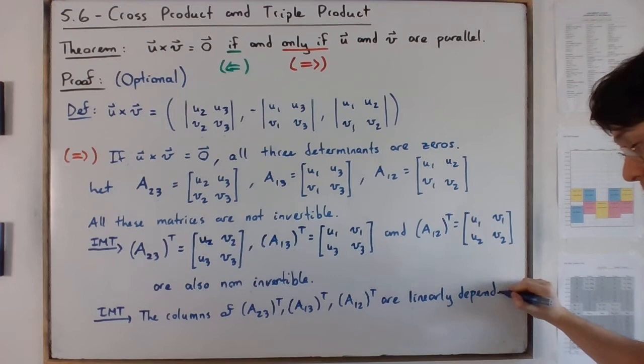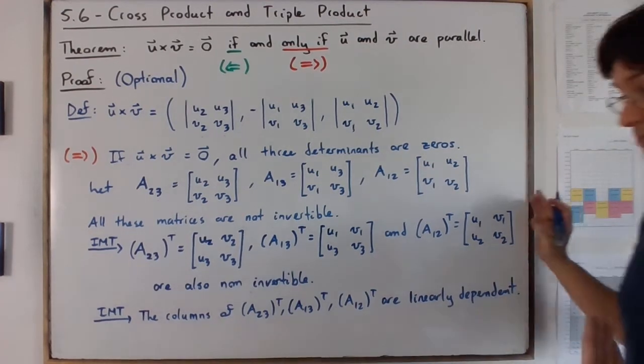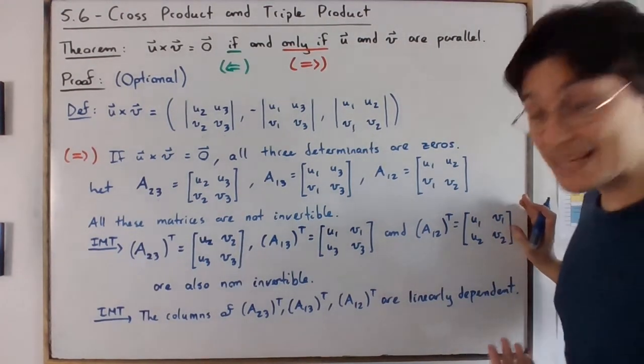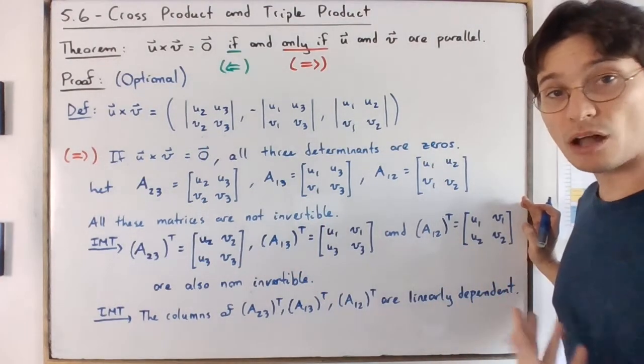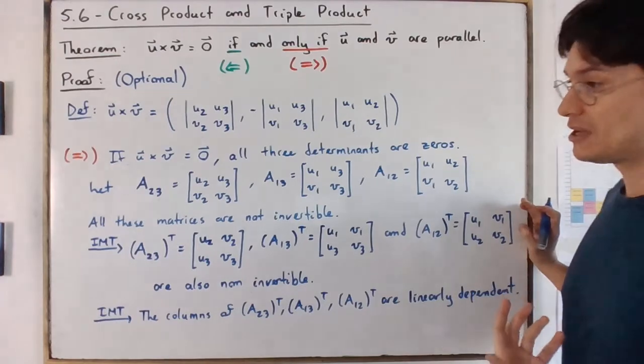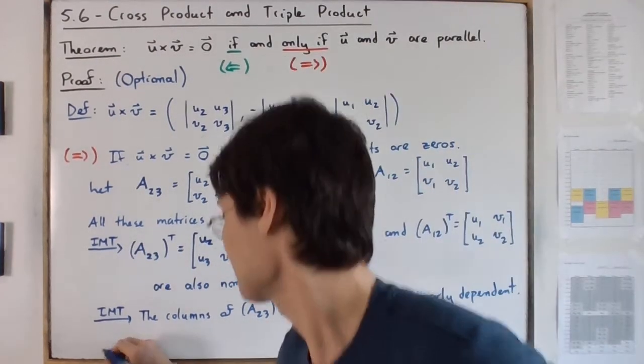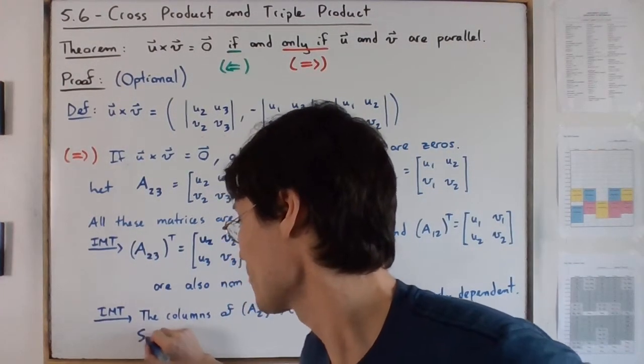Okay. However, since each of these matrices have only 2 columns, it means that these columns are also scalar multiples. So let's also write that down.